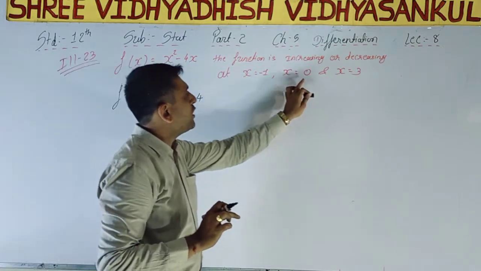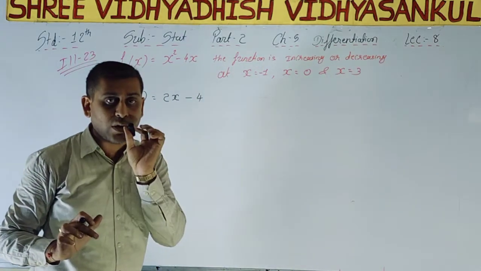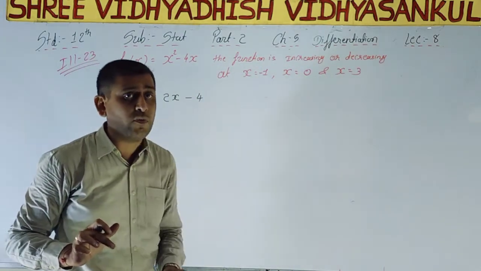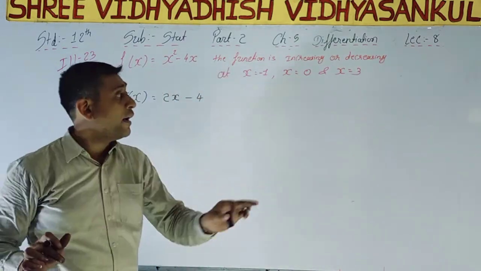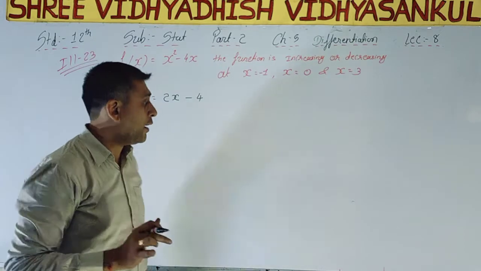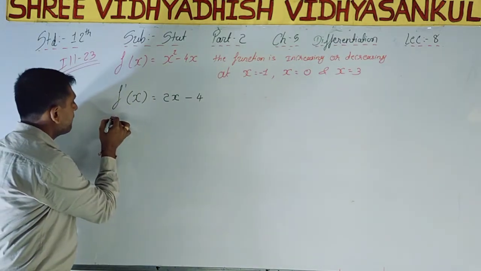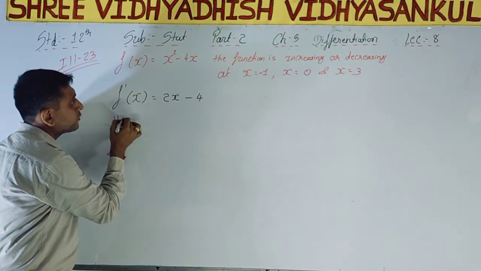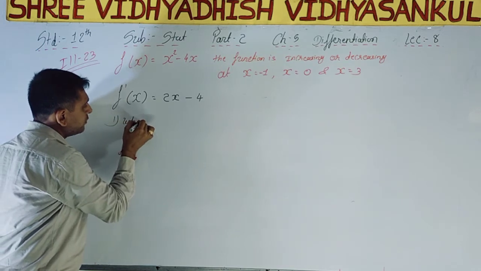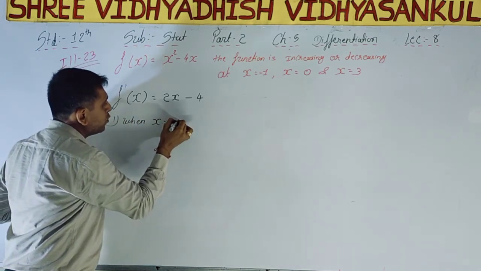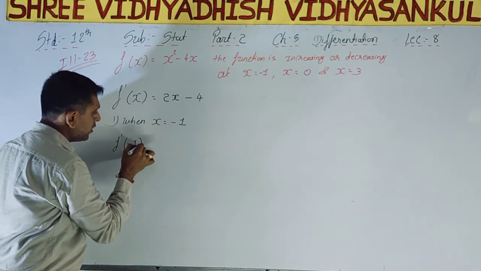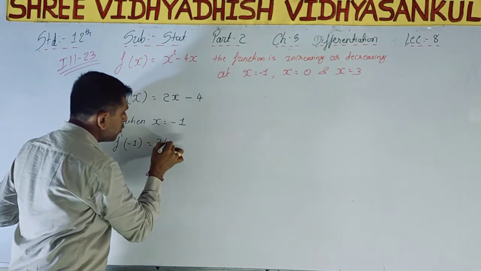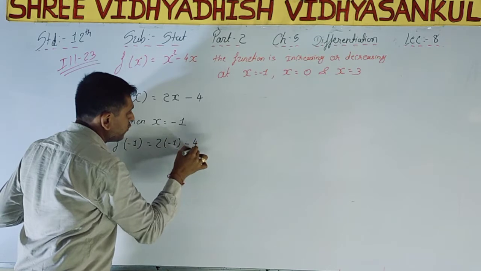Now we have to put these three values and find out the answer, and on the basis of that answer we have to say whether this function is increasing or decreasing at these values. So first, when x is equal to minus 1, f dash minus 1 is equal to 2 into minus 1 minus 4.